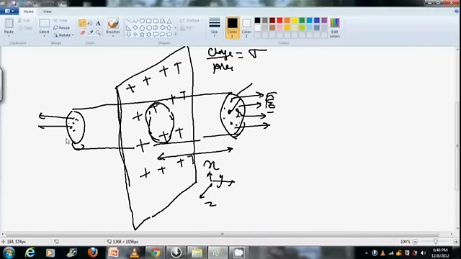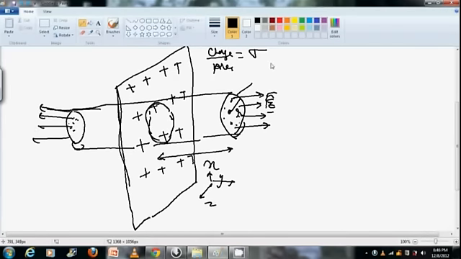Here the E direction will be like this, here like this, and on the curved surface the E directions will not cut the surface. So I can neglect the curved surface, because no electric field will come out of it. The only way electric field comes out of this surface is the way I have shown here.